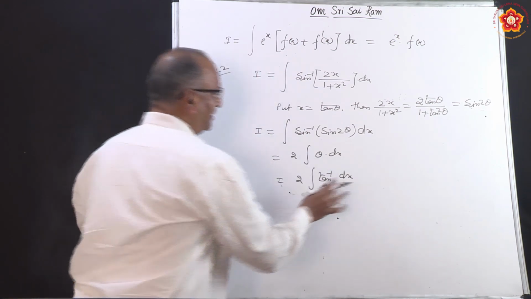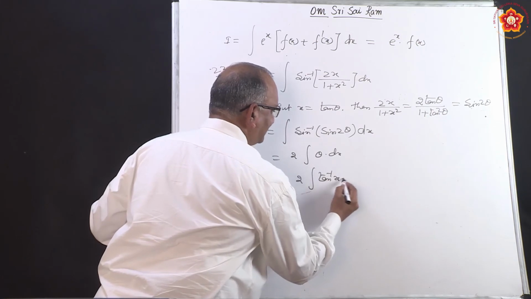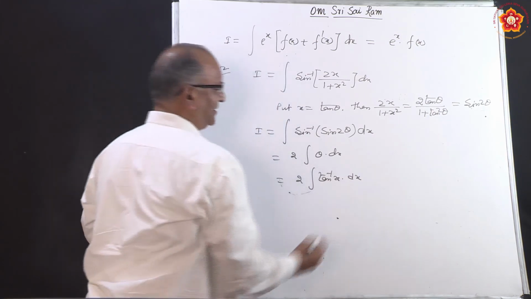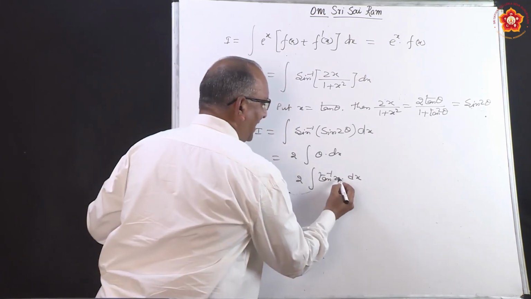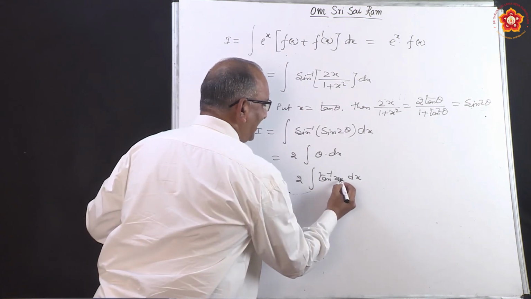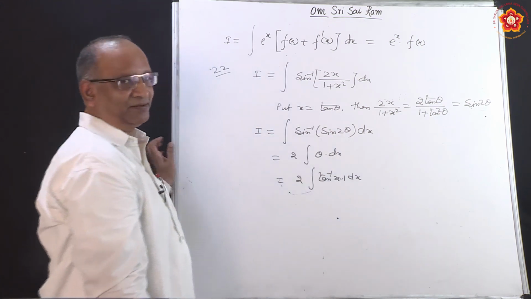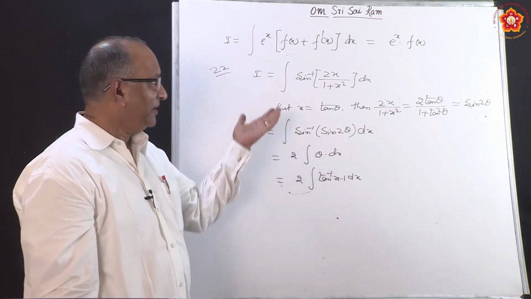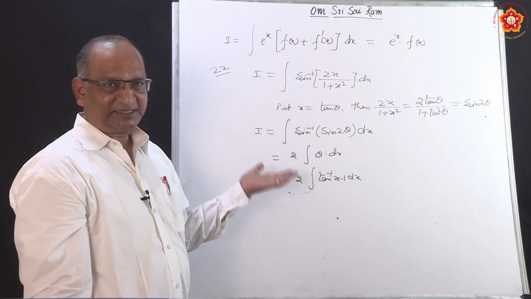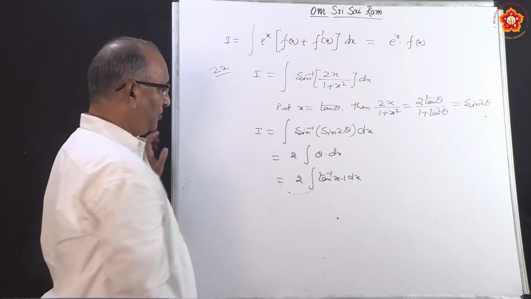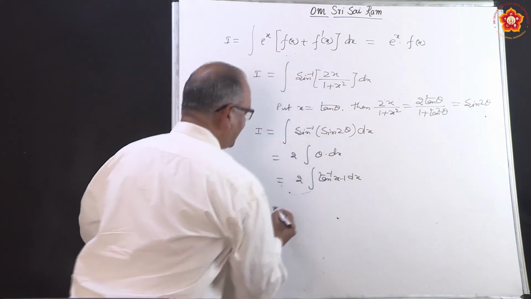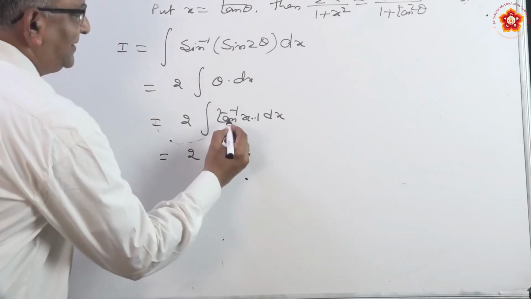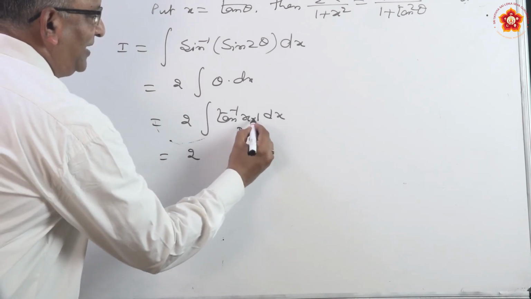How to find the integral of tan inverse x? Just go back to the method which we followed. Tan inverse x is there. We will take 1 as one more function. We solved one problem by this method in fact. The same procedure we will follow. So what is the procedure? We take tan inverse x as first function, 1 as second function.